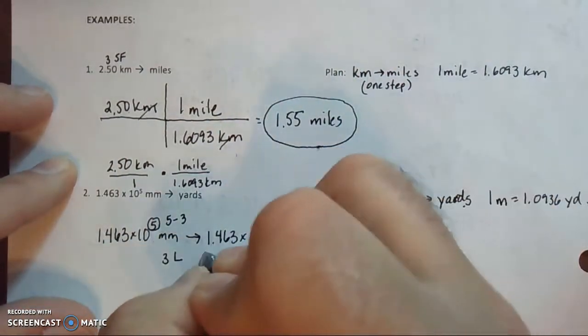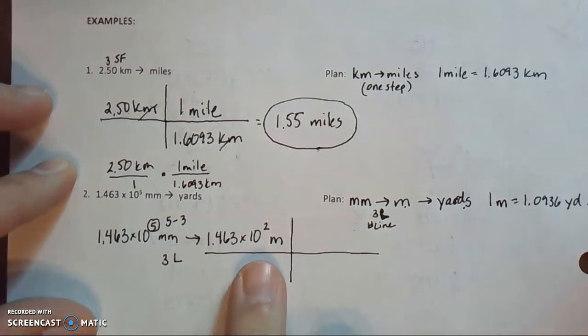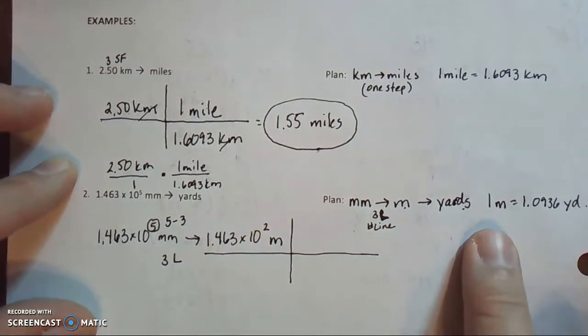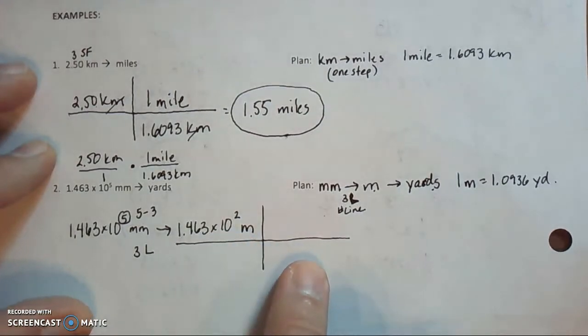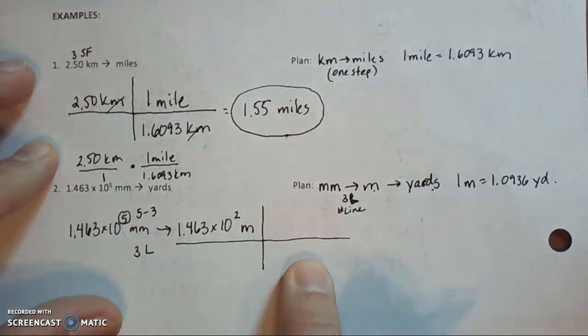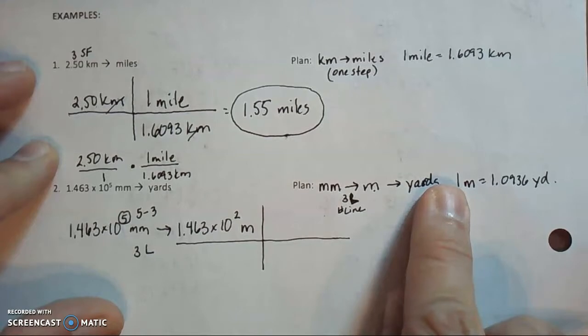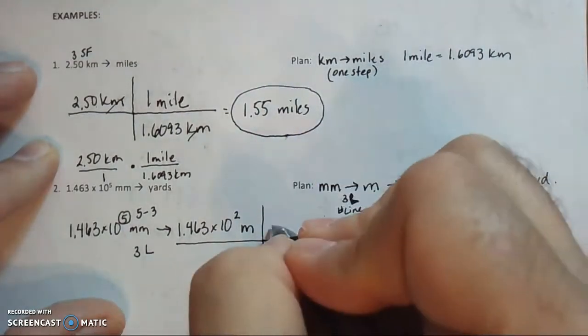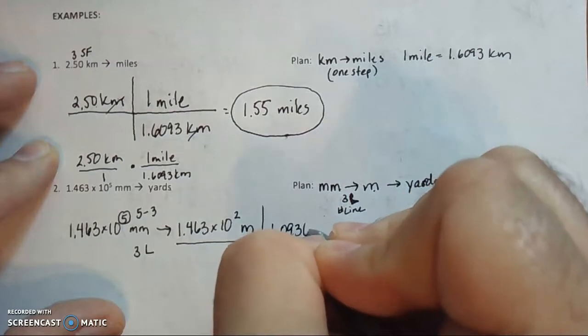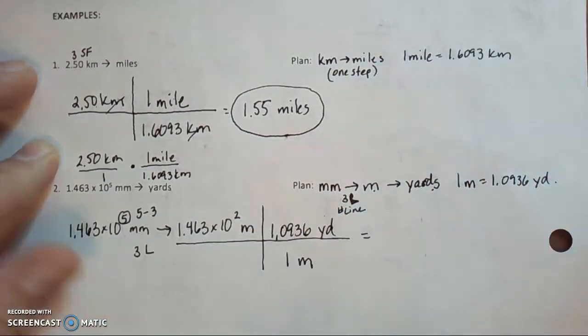Now I can use our conversion chart to go from meters to yards. So we have to look over here. Whatever unit we have here, we want to get rid of, so we put it in the bottom of our chart right here. And the number that goes with that is 1. So 1 meter is equal to 1.0936 yards.